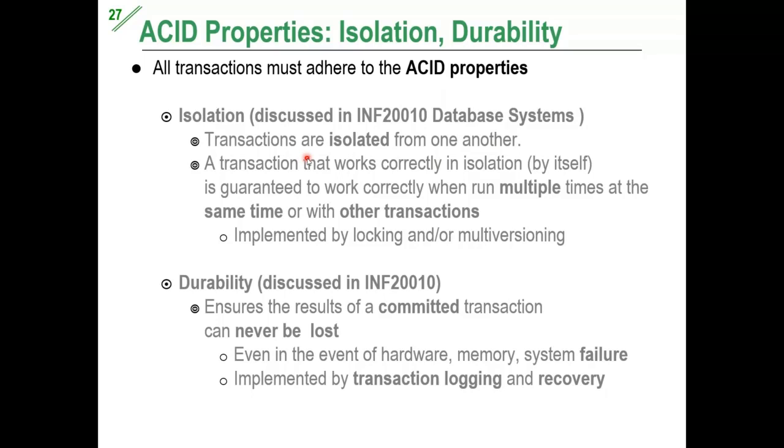It means if the transaction works correctly in isolation, in one situation or one instance, it has to work in other instances as well, even if it runs multiple times. You can't generate any error messages, isn't it? If it runs successfully, it has to run successfully in the other situations.